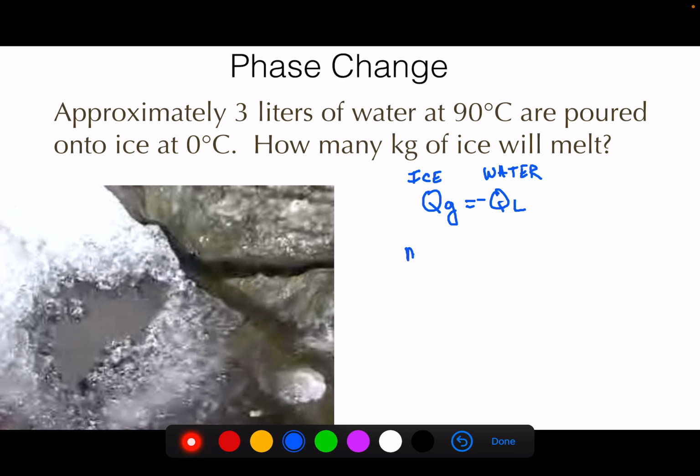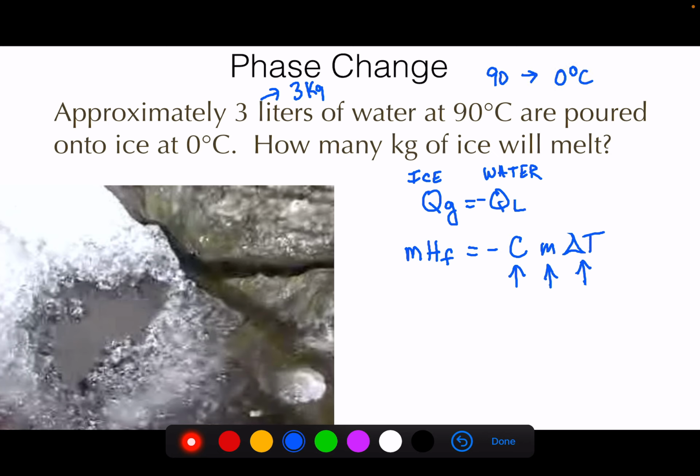The ice is melting, so we're going to use the formula MHF. And for the hot water, we're doing Cm delta T. We know the C value. For the mass, hopefully remember for water, 3 liters would be the same as 3 kilograms. And the temperature change of the water is going to go from 90 all the way down to 0.